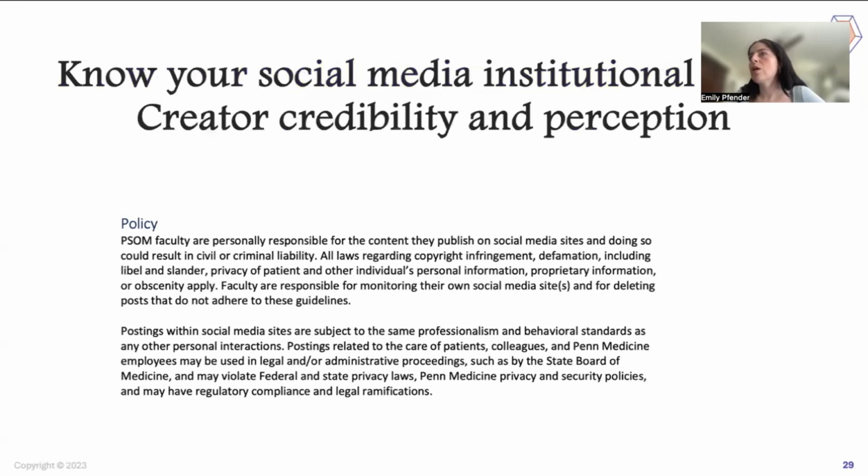Something else to consider here is to know your social media institutional policy. Every university is different. I have a snapshot here from Penn on their policy. It really just is that employees are personally responsible for the content they publish on social media sites. They should be careful about what they're posting, especially when talking about patients or other employees.